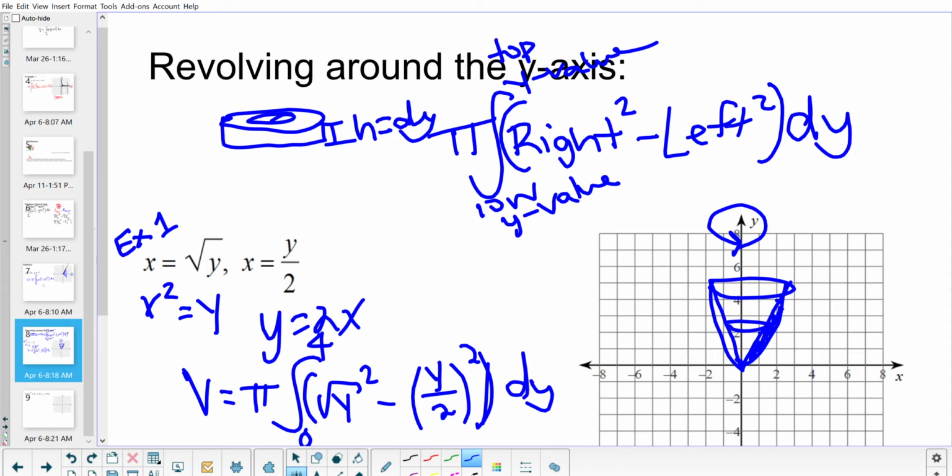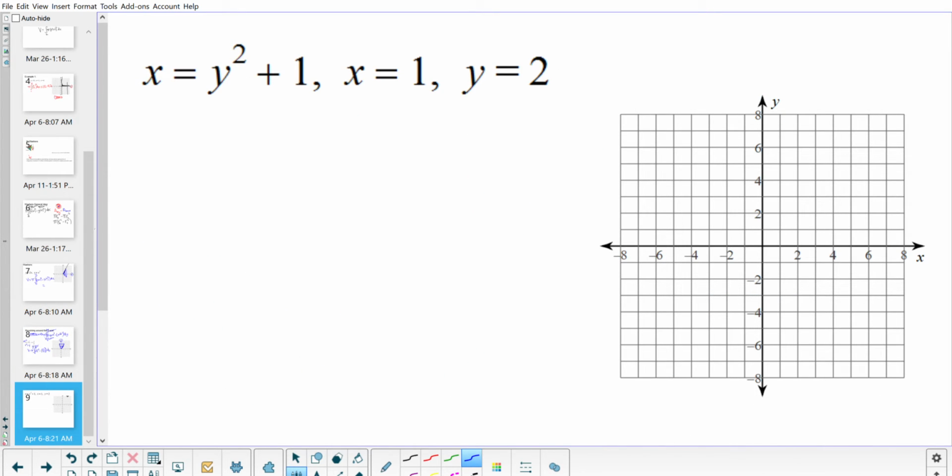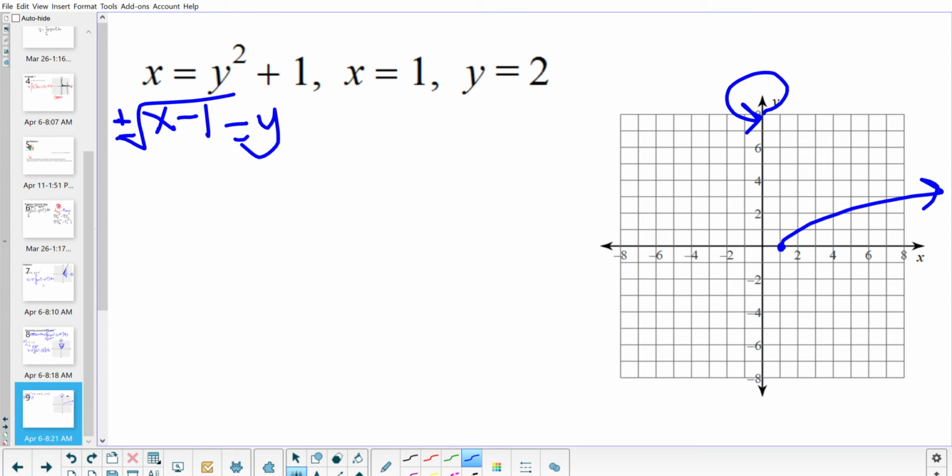I want to do one more example together. Again, we're going to practice rotating this around the y-axis. So in order to graph this one, I first need to solve for y. So if you subtract 1, then you'd have to take the square root, which means you would need plus or minus. Okay, so that's a square root, shifted 1 to the right. So it looks something like this.